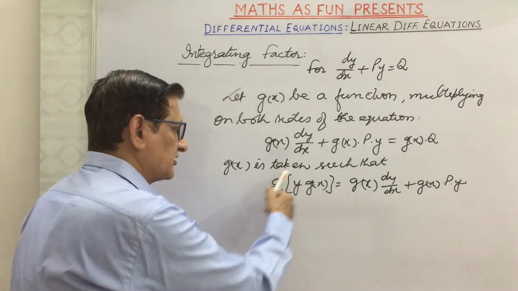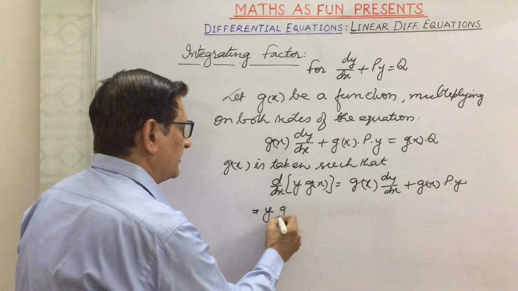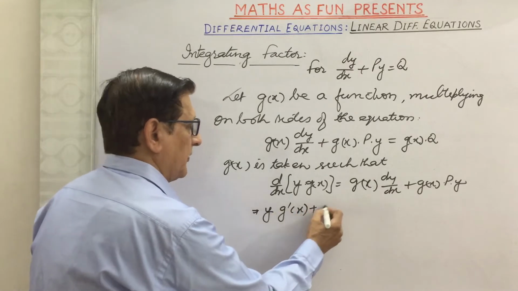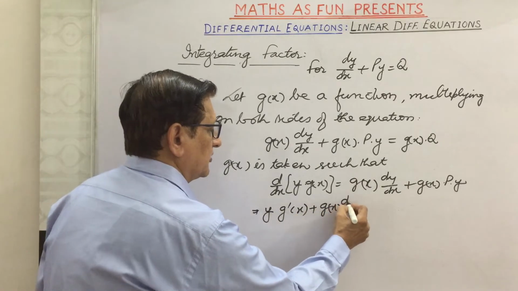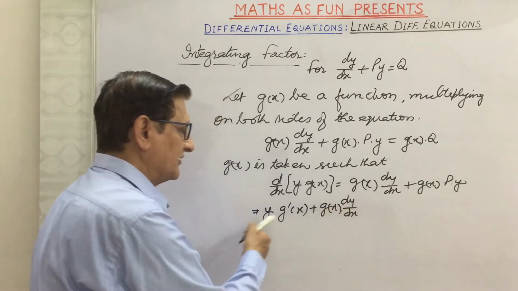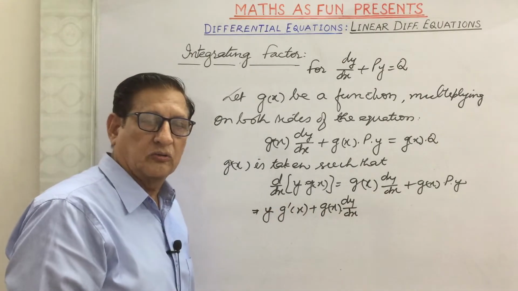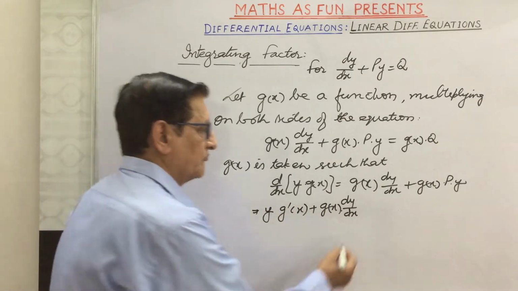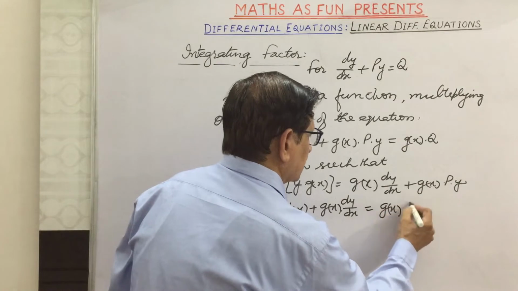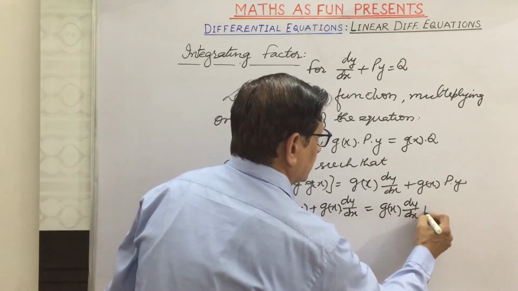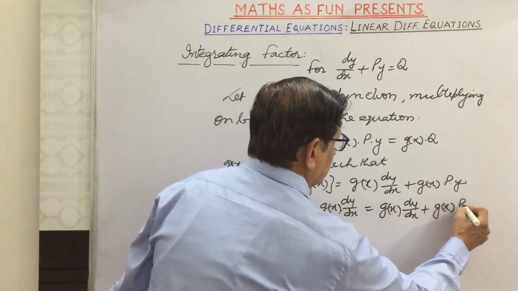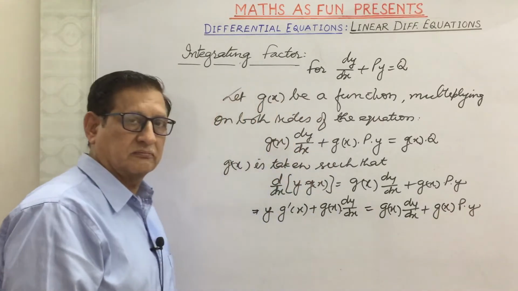If we differentiate this, we find y into g dash x plus gx into dy by dx. We have applied the product rule of derivative here. This is equal to gx into dy by dx plus gx into p into y.